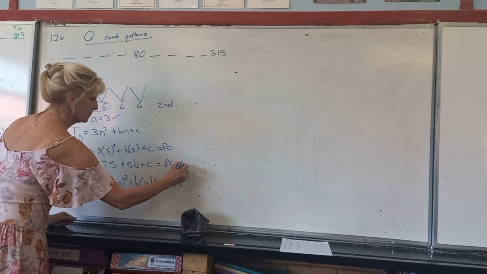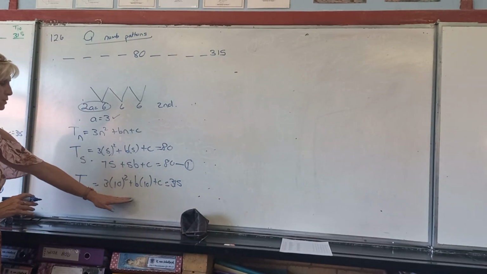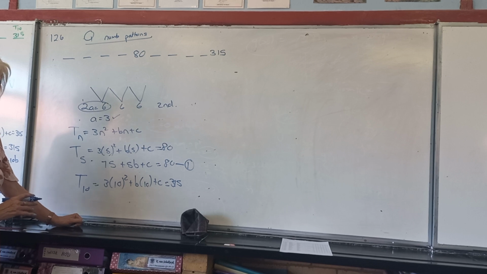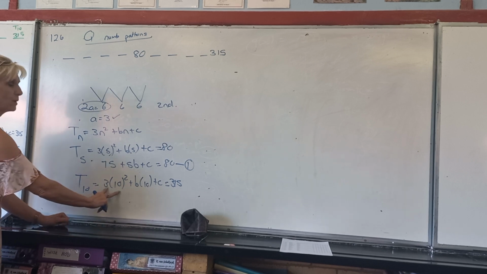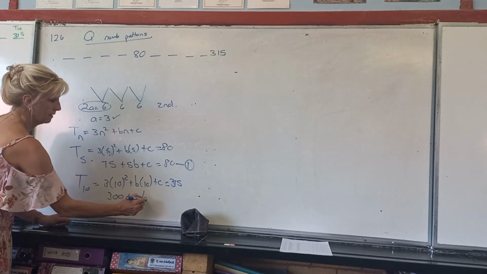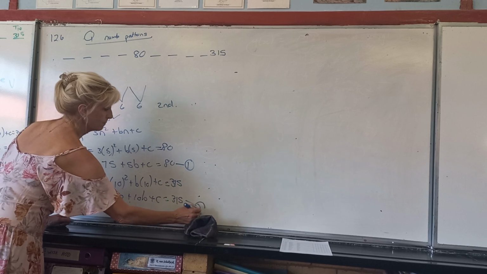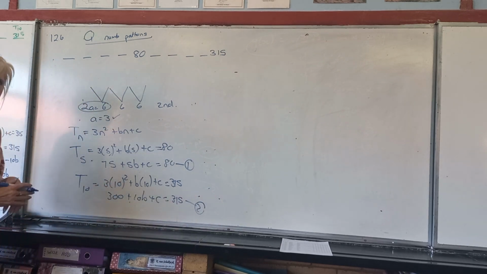So I know that is equation 1. It can be simplified, I know. This one is going to be my equation number 2. When I simplify it's going to be 300 plus 10b plus c, and we definitely see that we do have simultaneous equations.